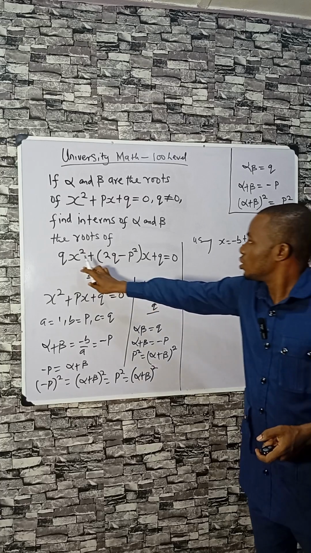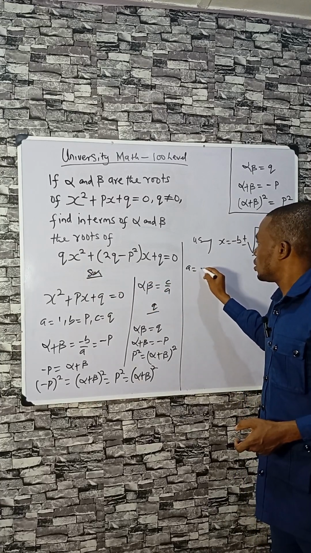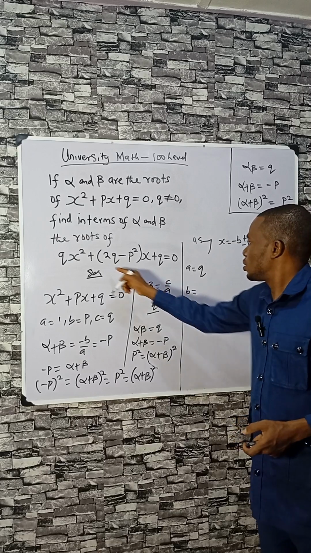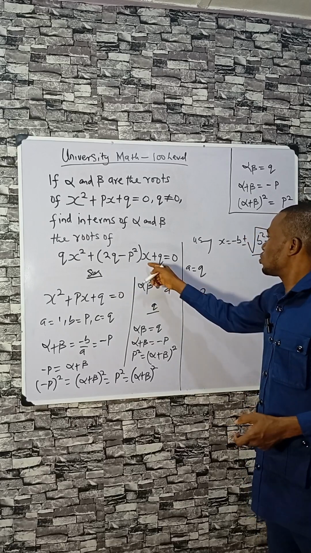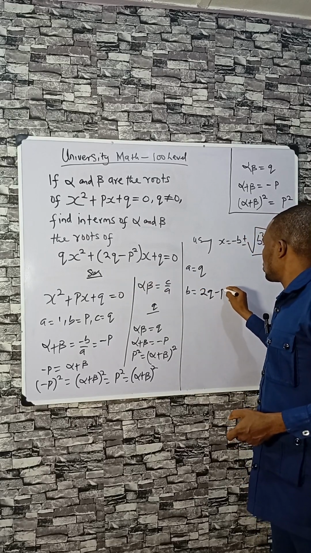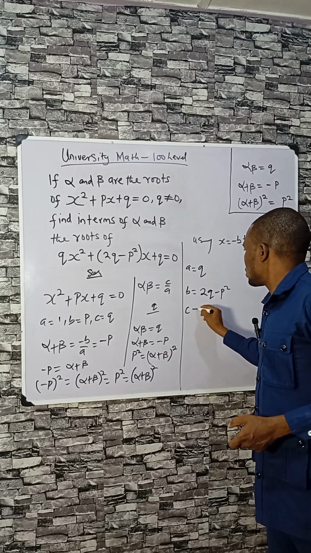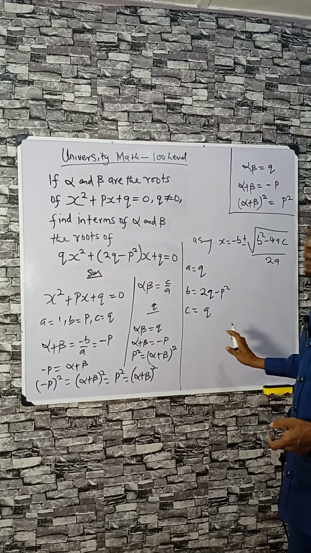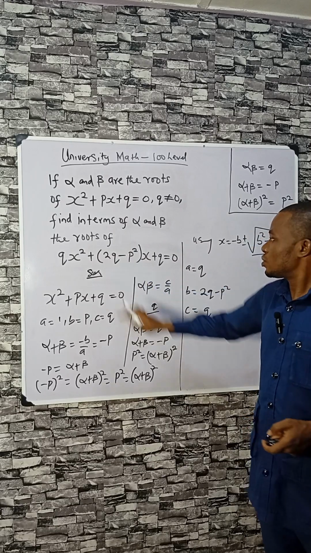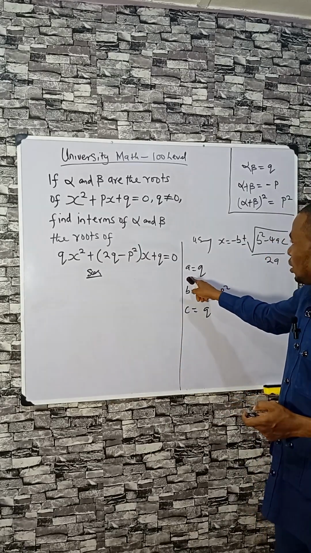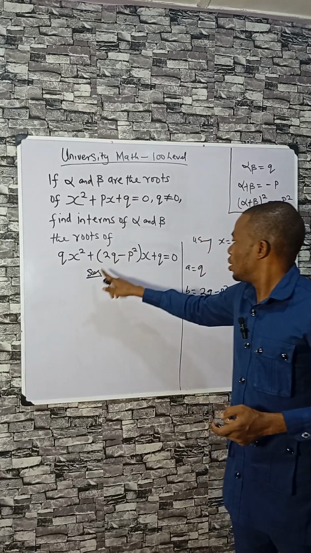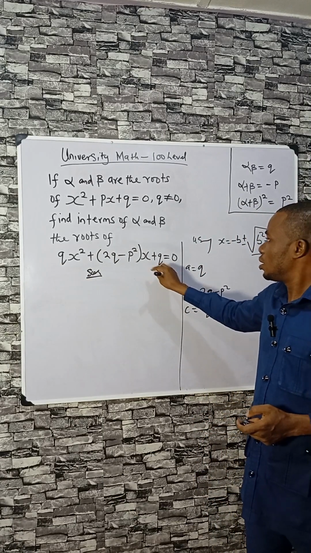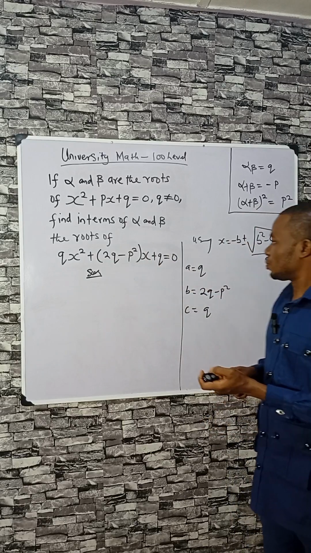Here in this equation, our a is q, our b is the coefficient of x, which is 2q minus p squared. Our c here is the same thing as a. Having known that a in this equation is q, b is this bracket 2q minus p squared, then c is q, let's solve this using the formula.